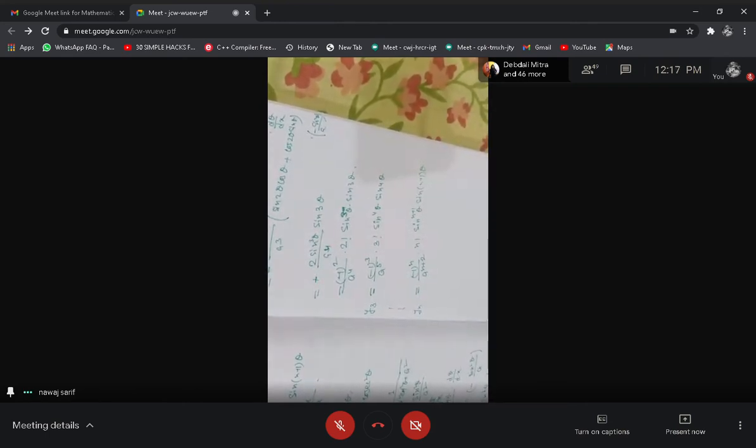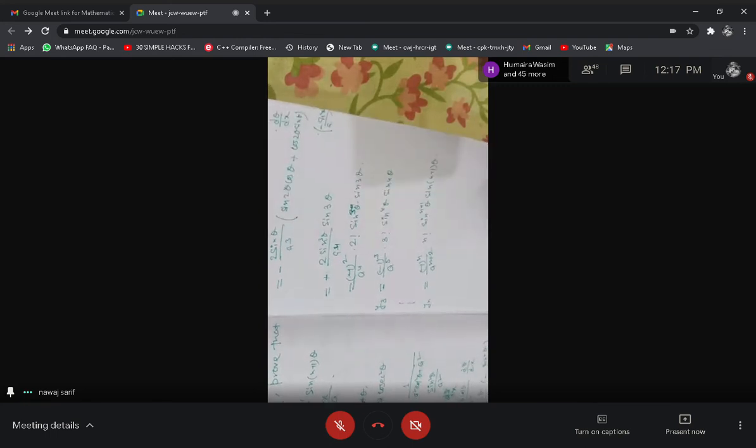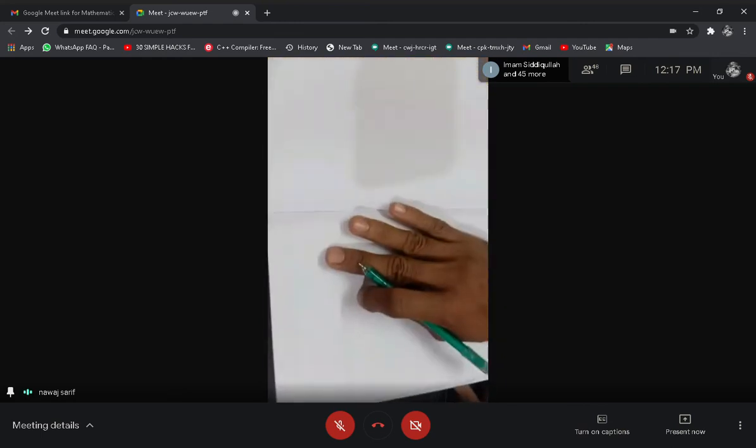So you have to find y3. Then you can finally say that yn is like this. So any doubt? Can you find the nth derivative of this type of functions?